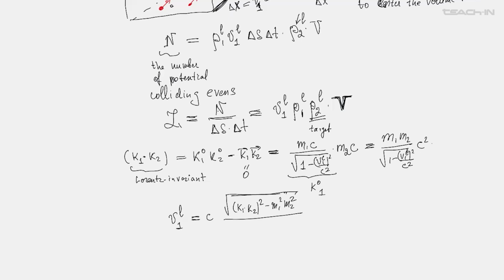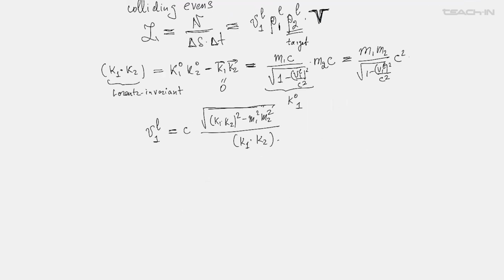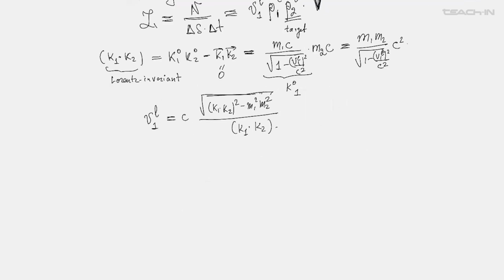So this is how this quantity is now expressed via the momenta of the particles in the first and the second beam. The second thing is the transformation law for the particle density. This quantity, particle density, also depends on the Lorentz frame. And you can find it in the following way.